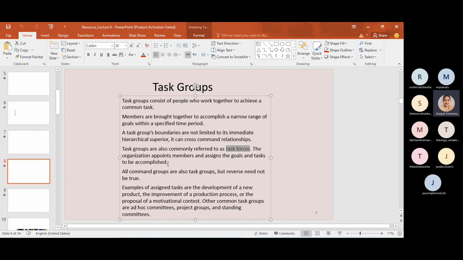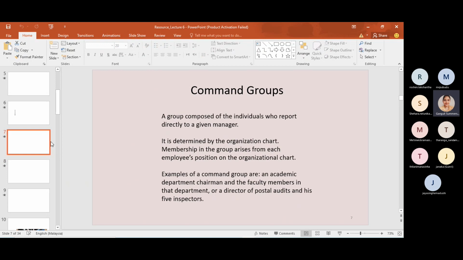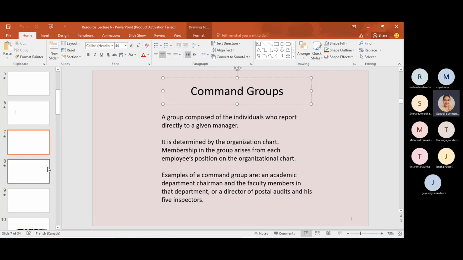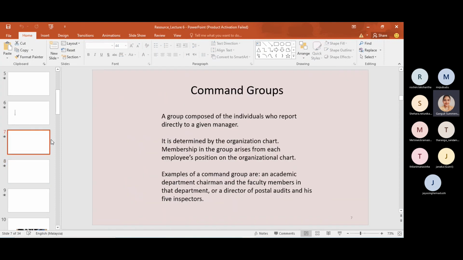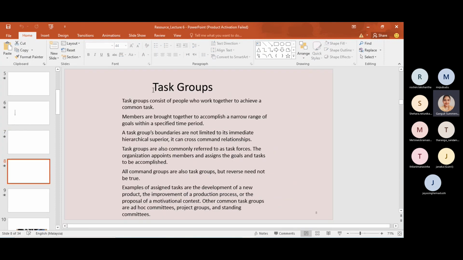All the command groups are task groups, but the reverse is not true. We can consider all command groups as task groups, but not all task groups are command groups.